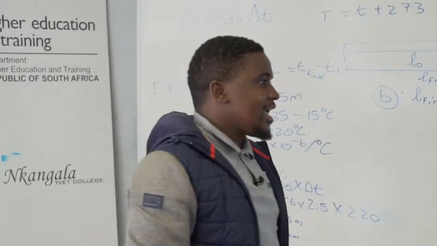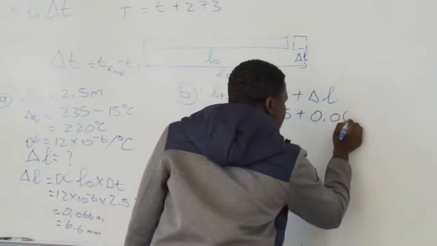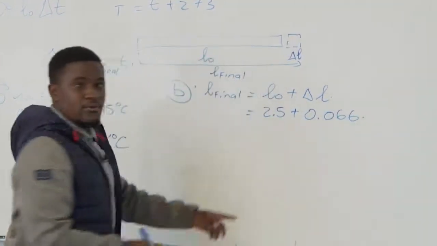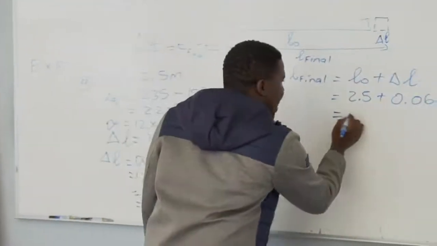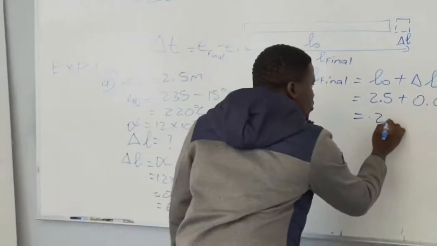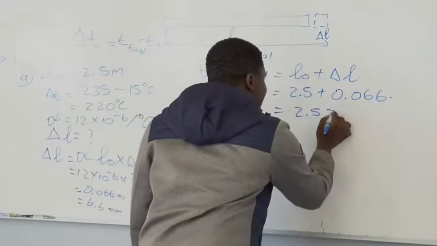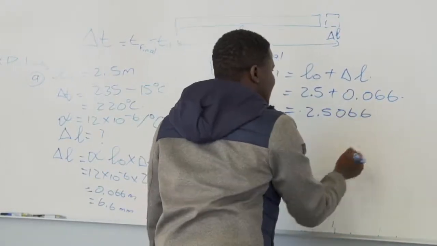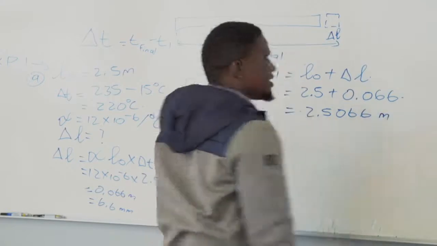What is that delta L? We are given 0.066, which is equivalent to 6.6 millimeters. With this, we get our answer as 2.5066, in meters.